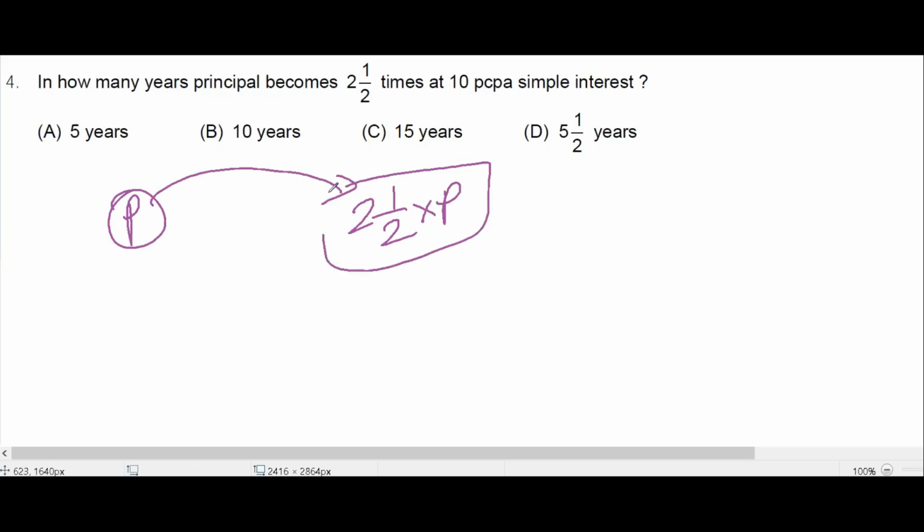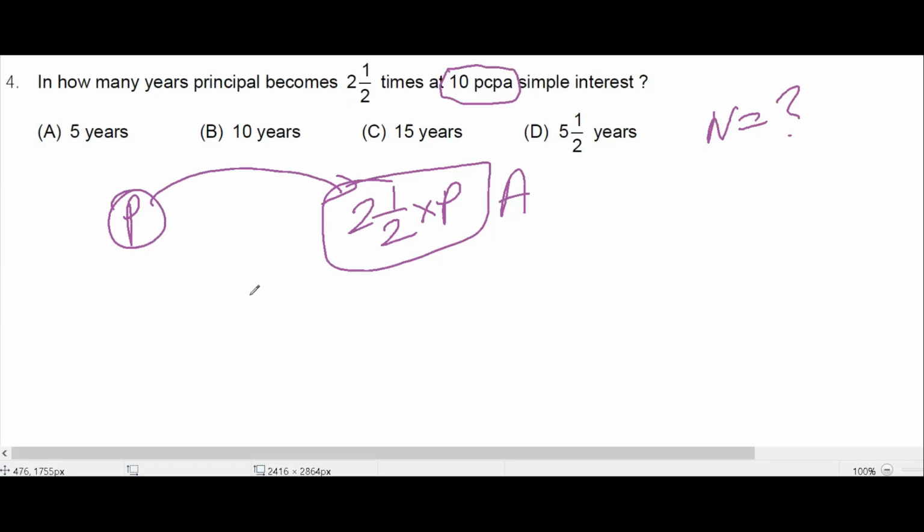So this is my amount. At this, 10% per annum rate is given to you, and you need to find time. So you need to find n.